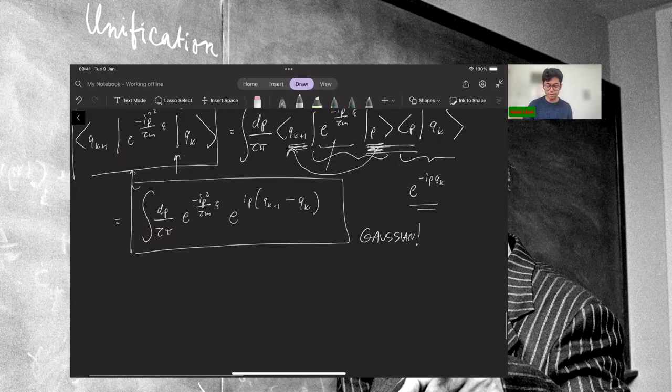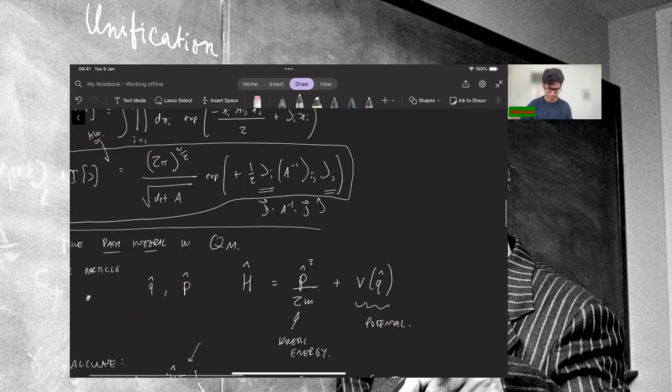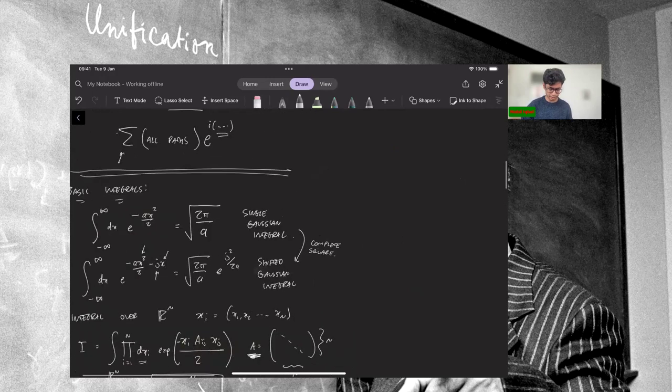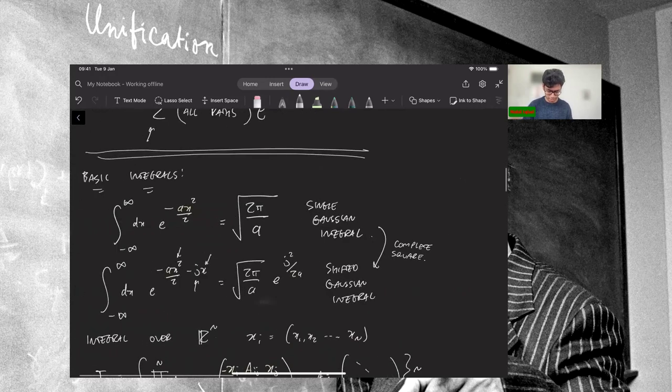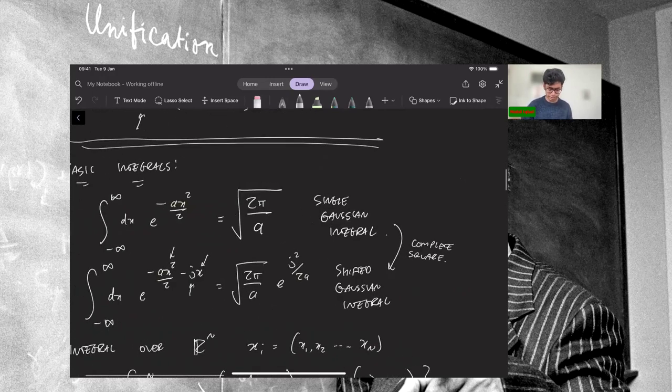And if you then just look back in your notes at the Gaussian integral from a little while ago, this one right here, you can use this result to just immediately do the integral over p.